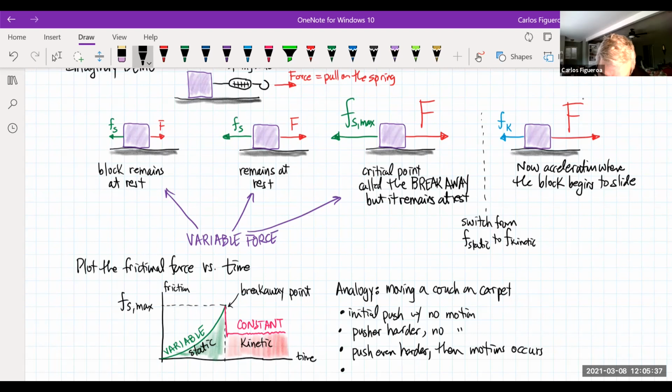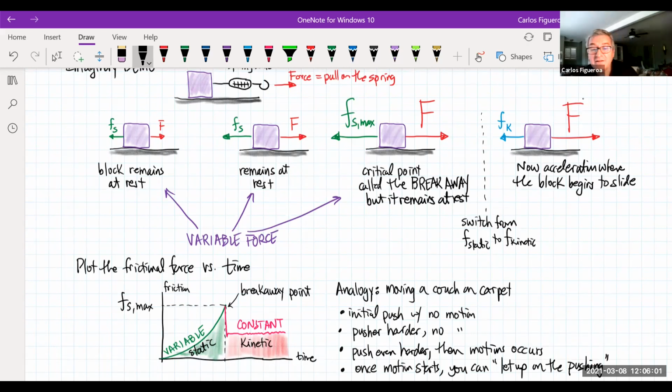But you probably realize this, that once motion starts, you can let up on the pushing.